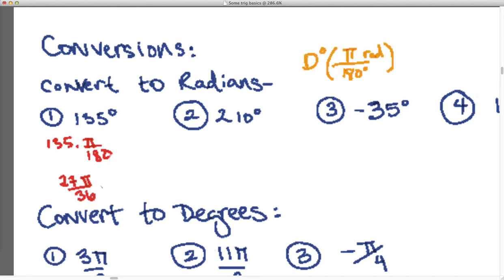Both of those numbers are divisible by 3, so we can cancel further. 3 goes into there 9 times. I guess they're both divisible by 9, sorry. So if I divide both by 9, that would be 3 pi over 4. And that would be your radian measure.